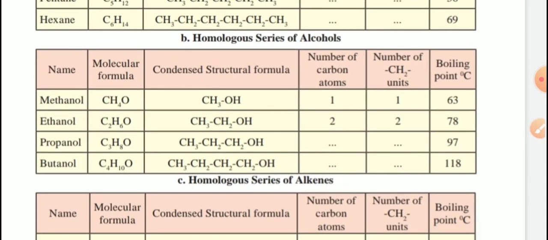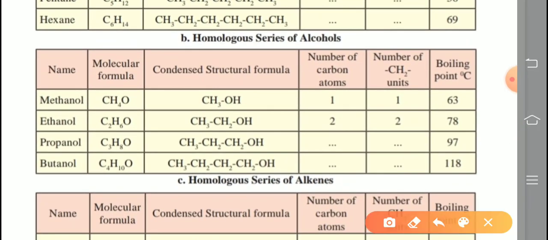Now the second homologous series, alcohol. First four are given. One carbon present in the alcohol series, then methanol, methyl alcohol. Two carbon present, then ethanol or ethyl alcohol. Two names are there; we will learn about this naming system also next time. Three carbon, then propanol or propyl alcohol.